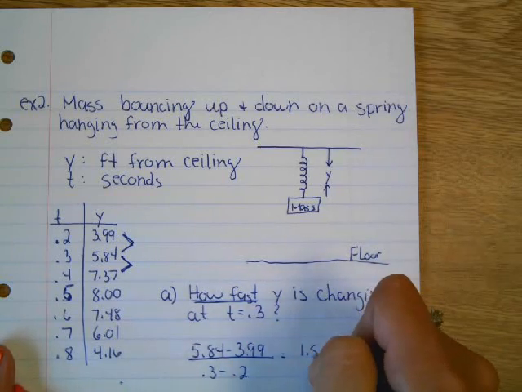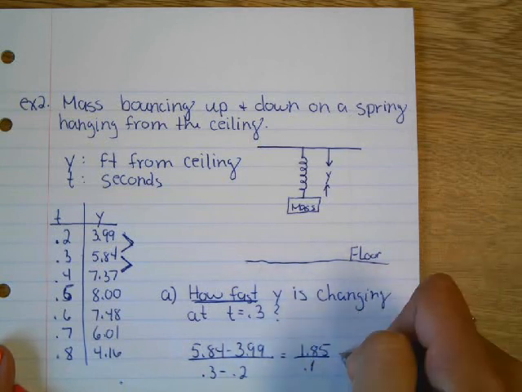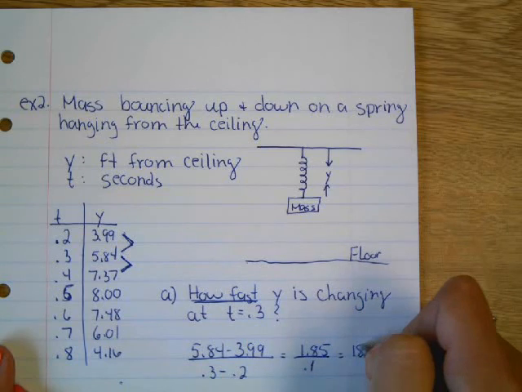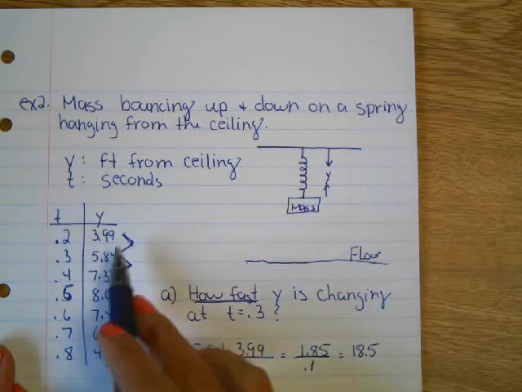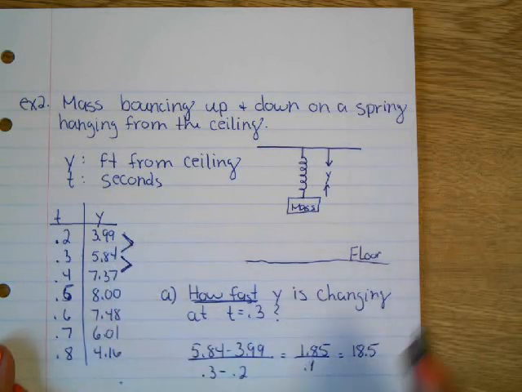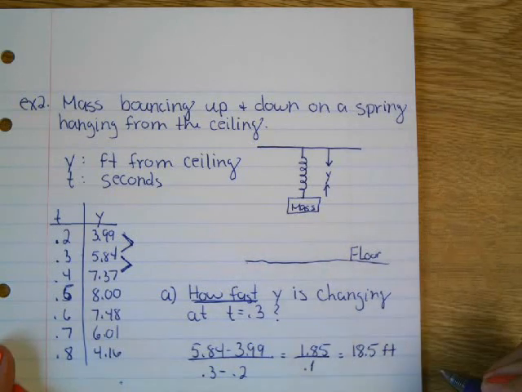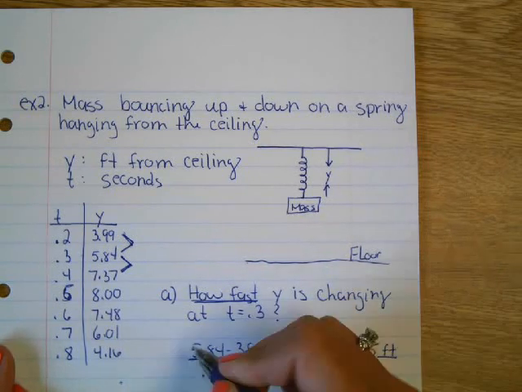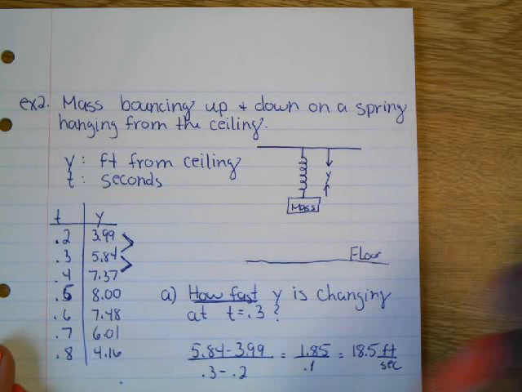That's 1.85 over 0.1, 18.5. Okay, and we should get used to putting units on these with the story problems. I did the change in y, that was the change in feet. So there's 1.85 feet change over a change in seconds. So it's feet per second that I just figured out, which is a rate.